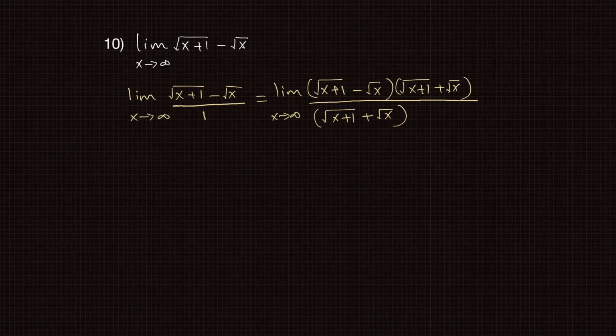The numerator becomes x plus 1 minus x. And the denominator is root x plus 1 plus root x.